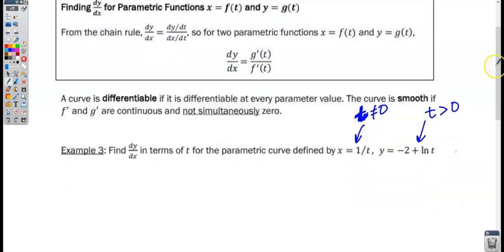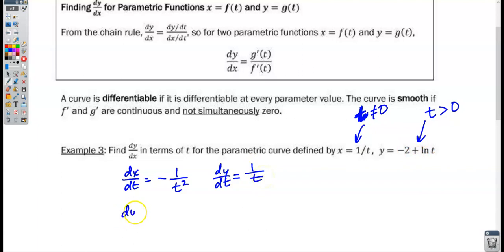And you'll see that this is not a terribly difficult process. So if we want to find dy dx for this parametric curve, I'm going to start by finding dx dt, taking the derivative of 1 over t, and the derivative of that is going to be negative 1 over t squared. And then I'm going to find dy dt: the derivative of negative 2 is 0, and the derivative of natural log of t is 1 over t.